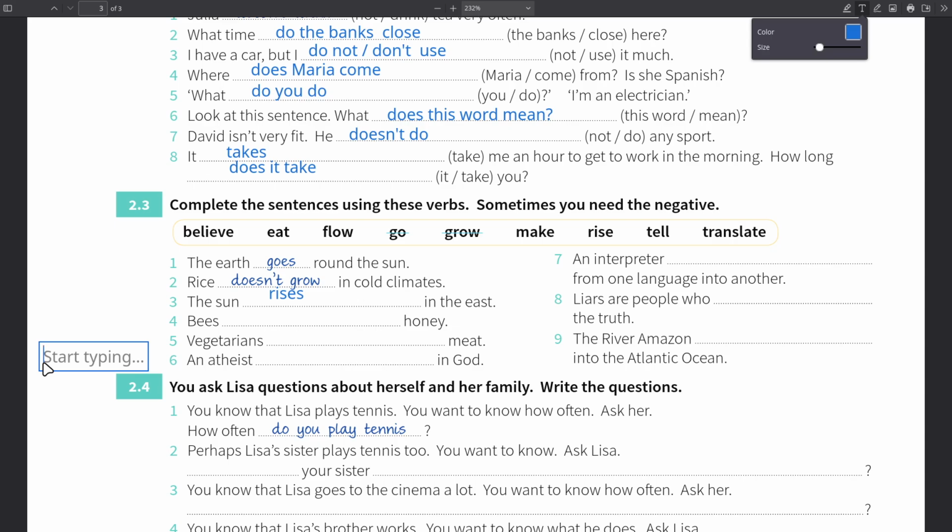In this case, bees make honey. Yeah. Bees make honey. The next one.